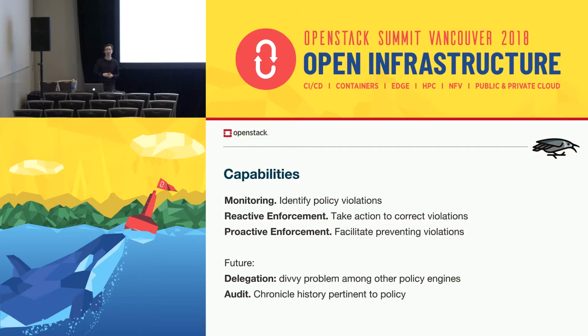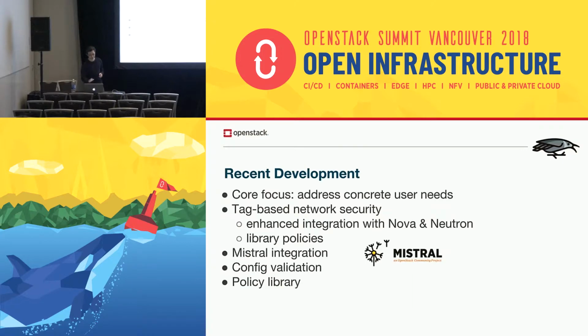Now let's talk about some of our recent work. A core focus in Congress is to address concrete user needs. And here are just some of the things we've done recently. We added support for a tag-based network security use case with enhancements to Nova and Neutron integration. We also added support for validating config files according to rich constraints.